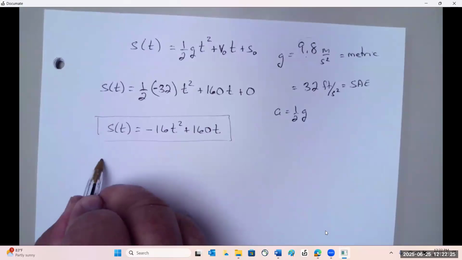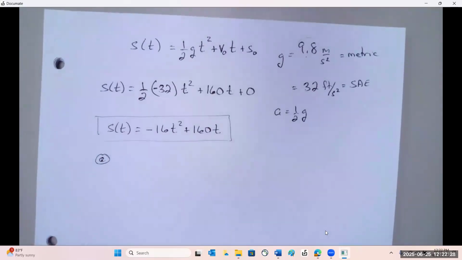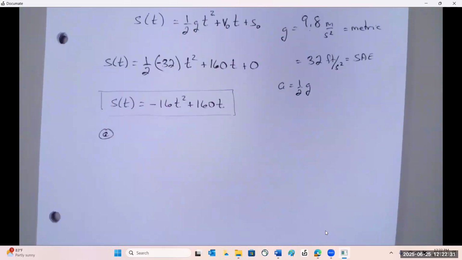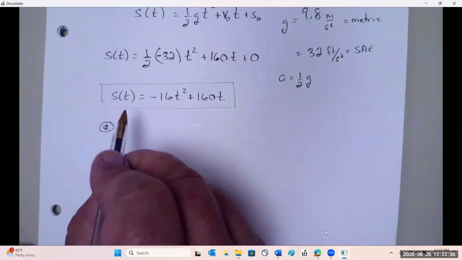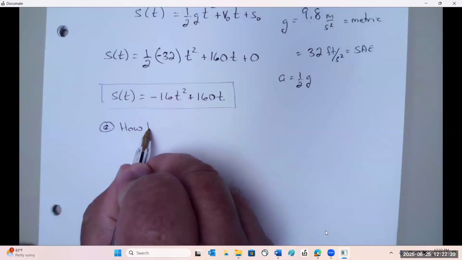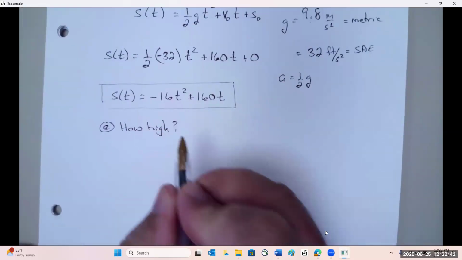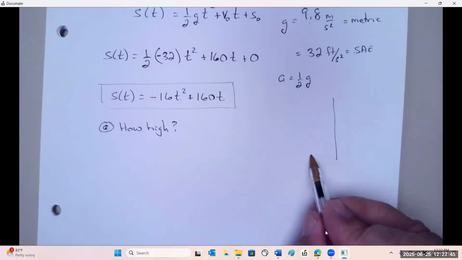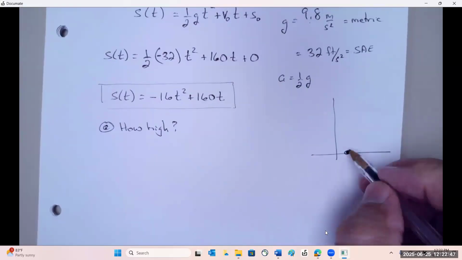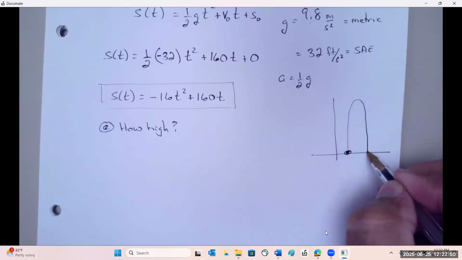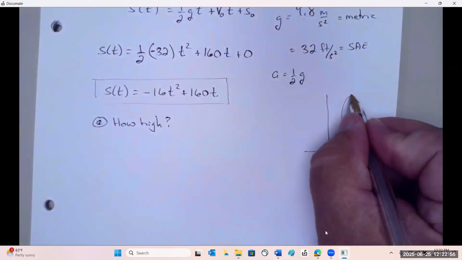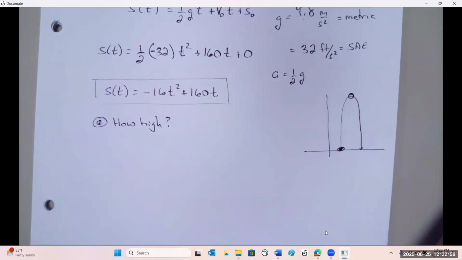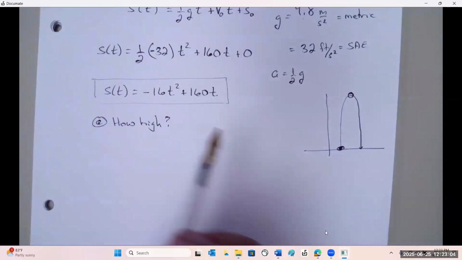So let's figure out what A says. How high does it go? How do we figure out how high it goes? It wants to know this information here, right? So what kind of function is this?